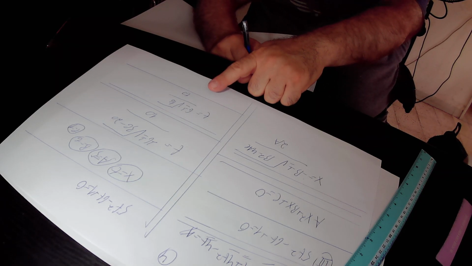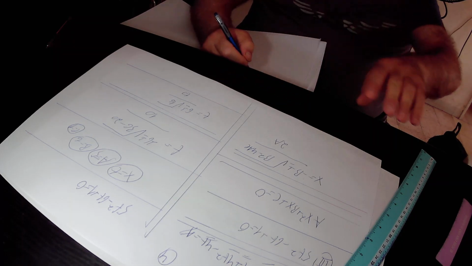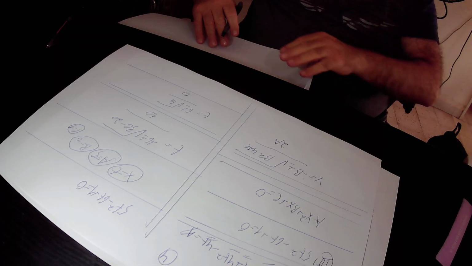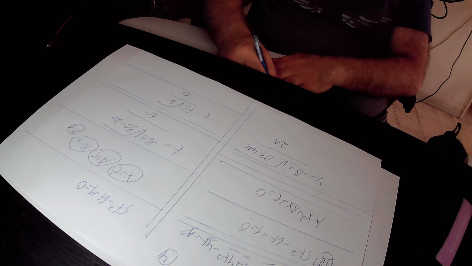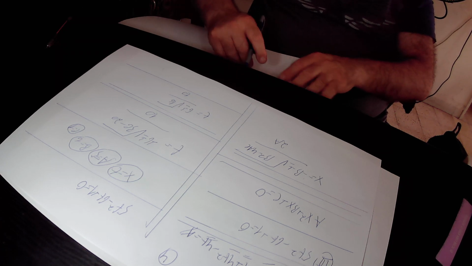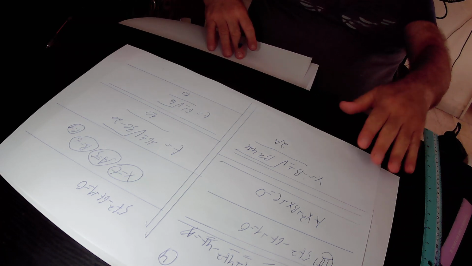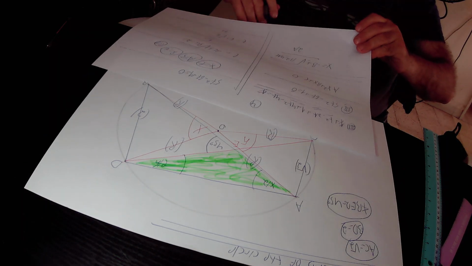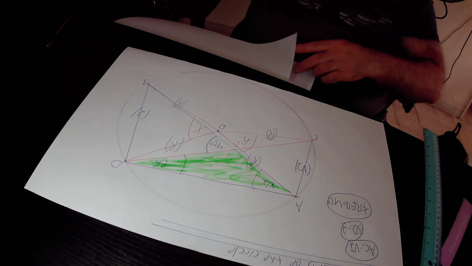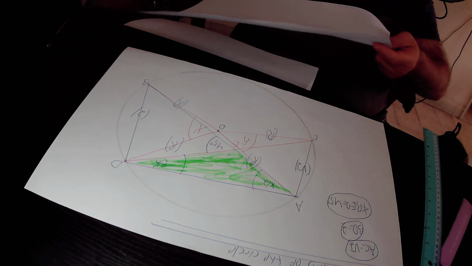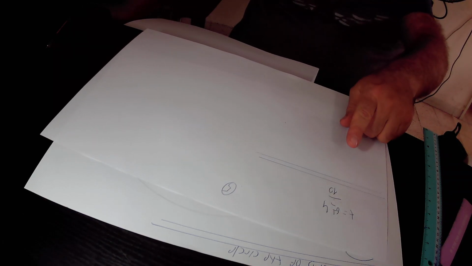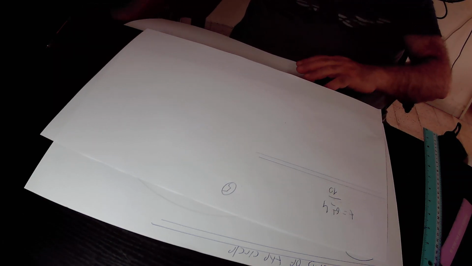So again, t equals 6 plus or minus 4, over 10.